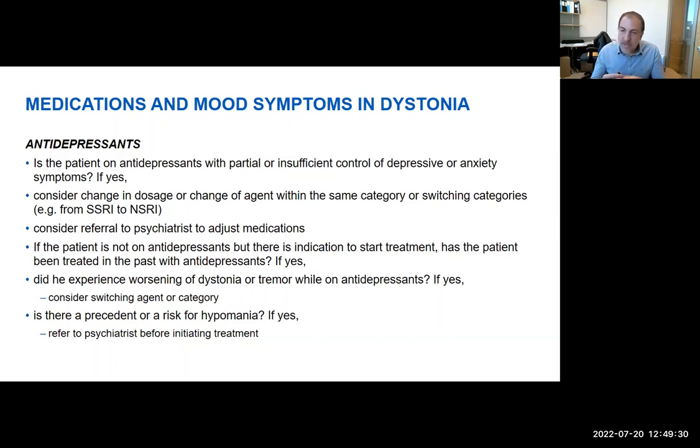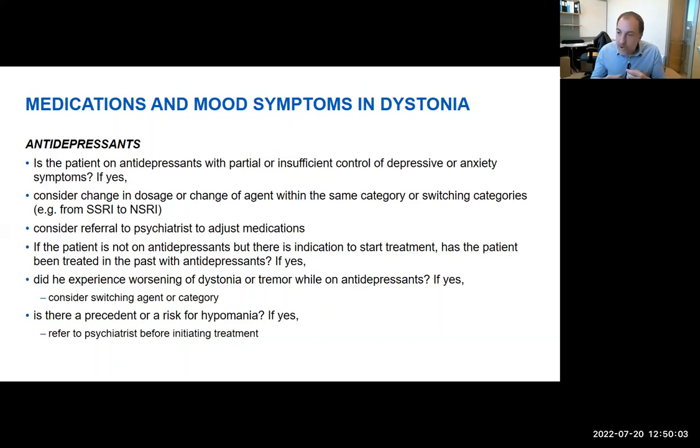In that case, I think neurologists have enough experience to consider changing dosage or even change of agent within the same category, or switching to another antidepressant category, like, for example, from an SSRI to a noradrenaline serotonin reuptake inhibitor like venlafaxine or duloxetine. But it is also appropriate for neurologists who do not feel comfortable in managing this directly to refer to a psychiatrist for this medication adjustment.